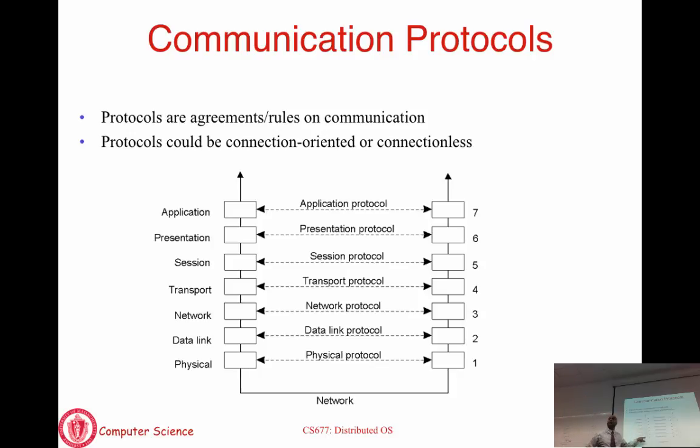Now, there are many others, so let's start at the bottom. The physical medium is what you have, which could be, if it's wireless communication, the air, or channels on the air. If it is wired communication, your physical medium is an Ethernet wire. This is the physical layer of your network subsystem.